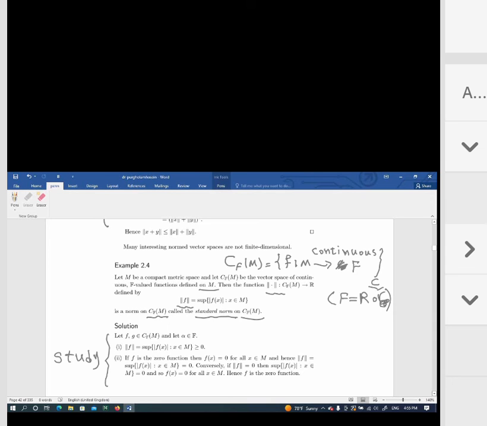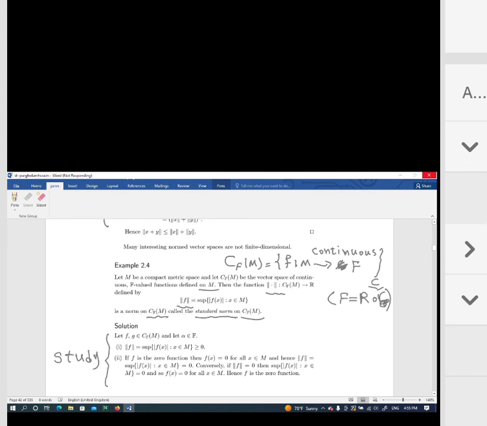Here is the reason why this is a norm. You see that there is a written solution, the reason why this is a norm. If we want to verify the solution of this example, we should show that this function has the properties of a norm.